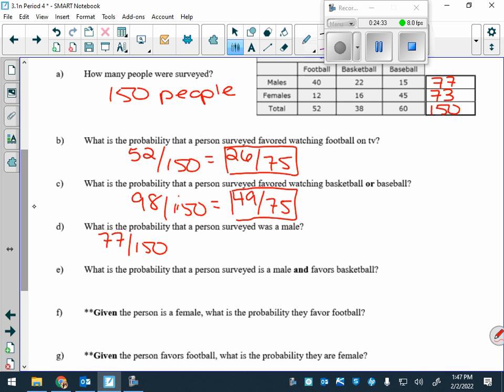Go ahead, Wes. 22 over 150. We got 11 out of 75. Okay, everyone so far so good? The and is male in basketball, just that. You don't have to do anything else.